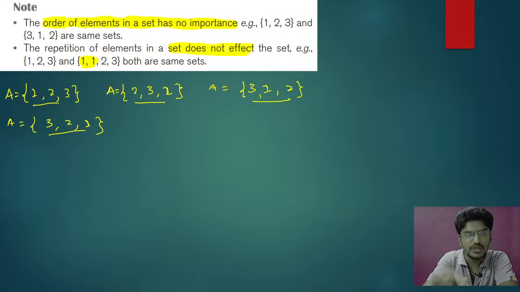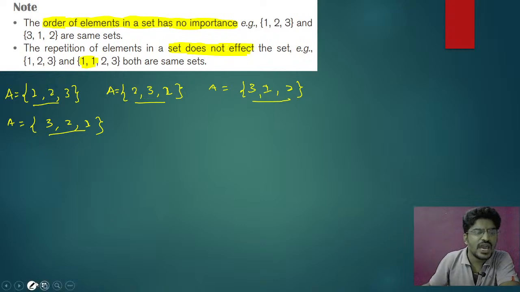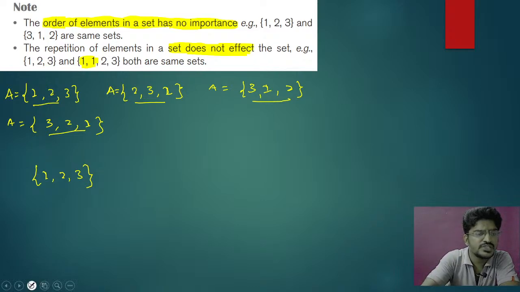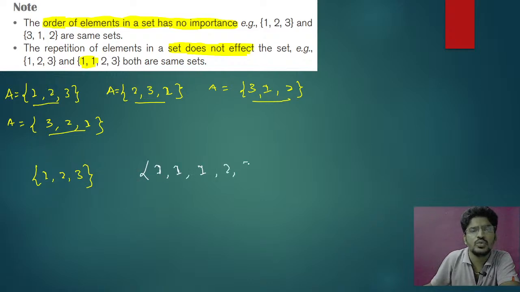If you write 1 two times, it doesn't mean that the set has 4 elements. Please understand here. If I have one set A equal to 1, 2, 3, some students will repeat the elements like this: 1, 1, 1, 2, 3.